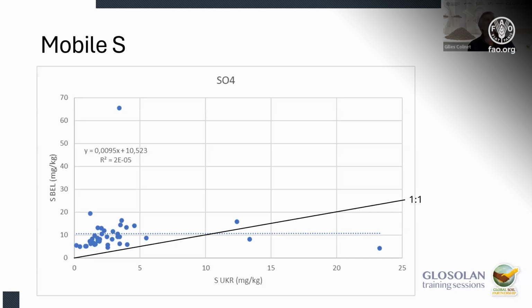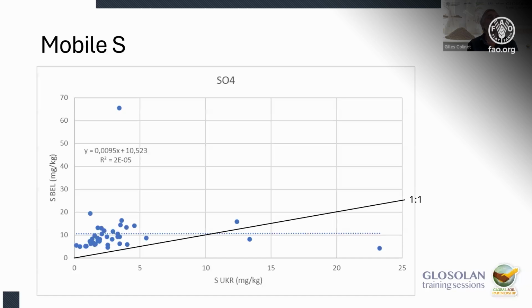Yeah, you're right. It's a point. I'm not a specialist in sulfate, so I don't know. We know that most of the sulfur in the soil is in organic form, but it must be transformed into sulfate to go into the plant, so into the soil solution.